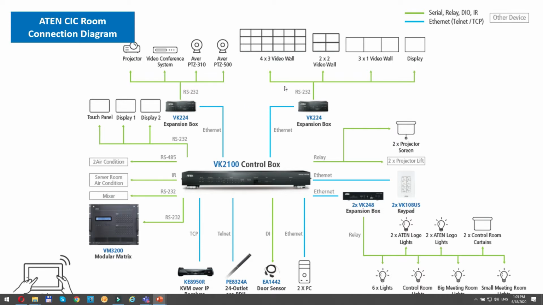We can have equipment that responds to a serial interface, RS-232, 485 or 422. We also can have Telnet equipment. And Telnet is over IP, so we can actually have other equipment that responds to TCP. We can have digital input and digital output, like door sensors and humidity sensors and other types of equipment.